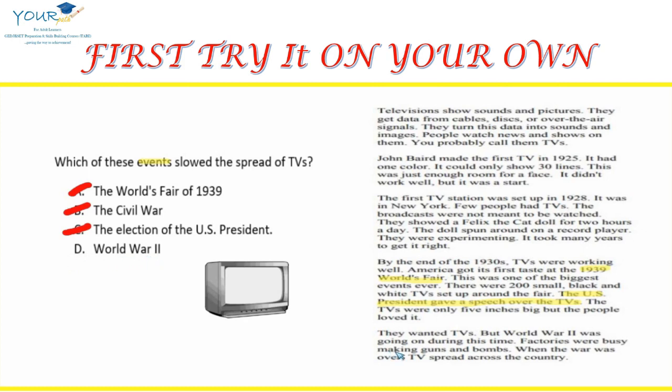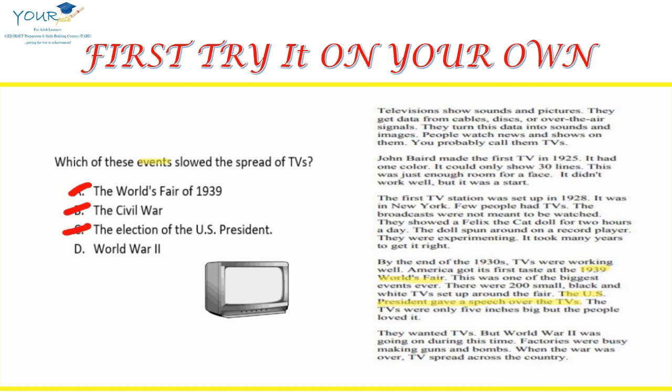And now if you come down to paragraph 5, which you would have noticed because you would have skimmed through it a few times already, it states World War II was going on during this time. Factories were busy making guns and bombs. When the war was over, TV spread across the country.